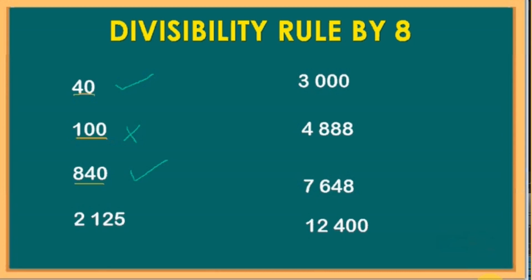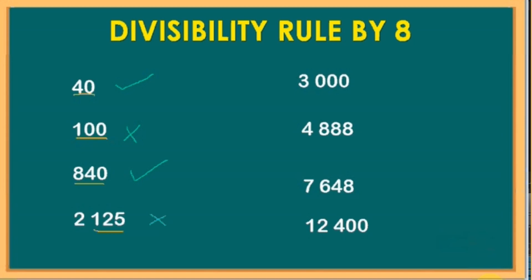For bigger numbers like 2,125, we will just look at the last 3 digits, 125. 125 is not divisible by 8. Therefore, 2,125 is not divisible by 8.